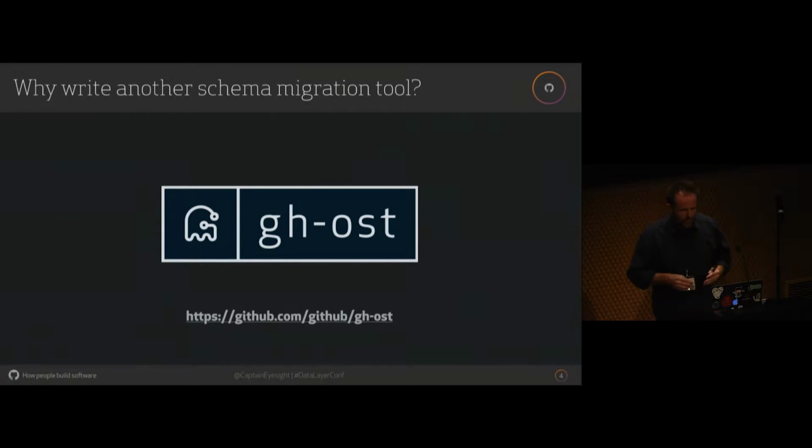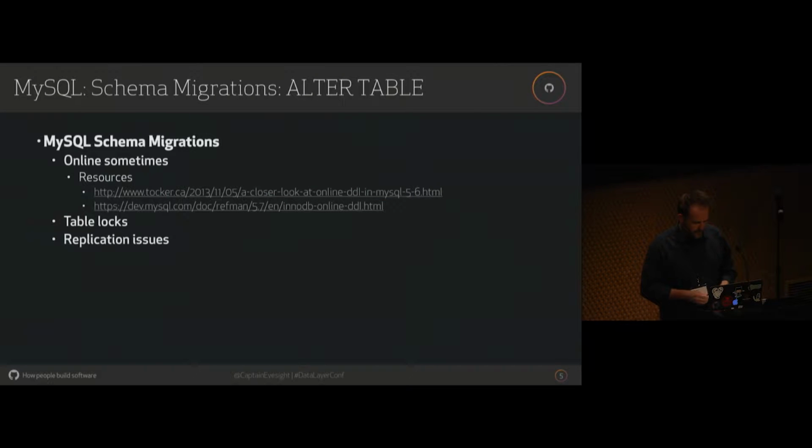We said, why can't we just cut that out, essentially? Then we said there's really not a whole lot we can do about that, and we went to lunch. We said, maybe we can do it. And then in the afternoon, we started writing down what's good and what's bad, and what we can do about that. So I'm going to go through all the different ways to alter tables in MySQL, and how we ultimately came up with Ghost.